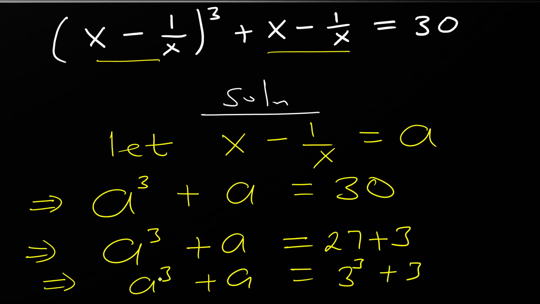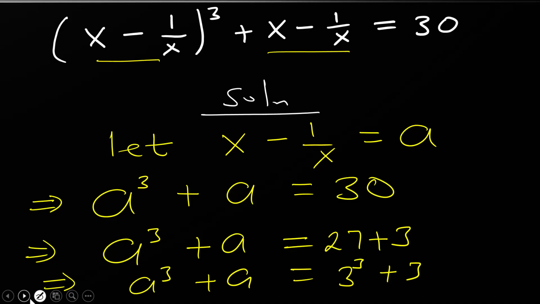Okay, so what we are going to do here is to join everything in. So I'll send the 3 cube in and pair it with this one so that it will form the difference of cubes, and this one also pairs with that.